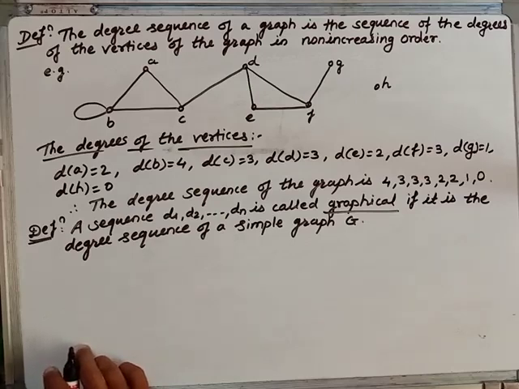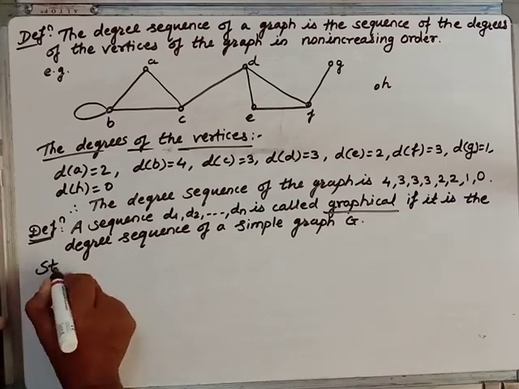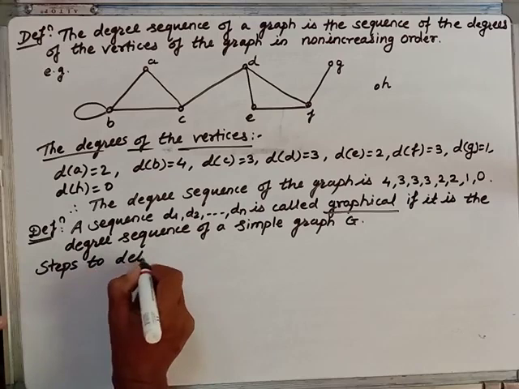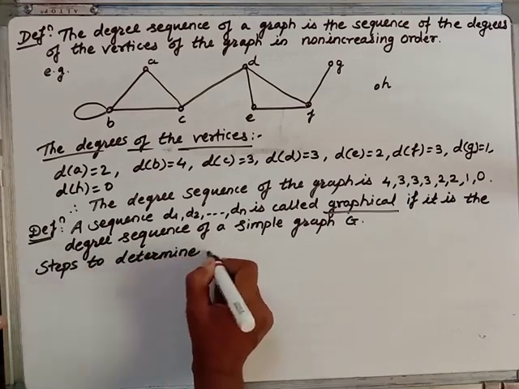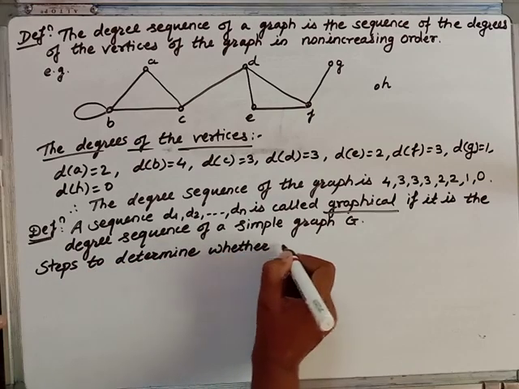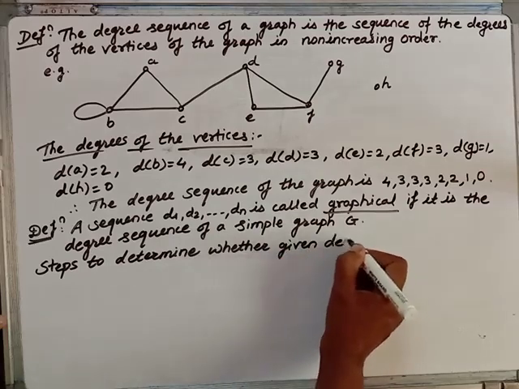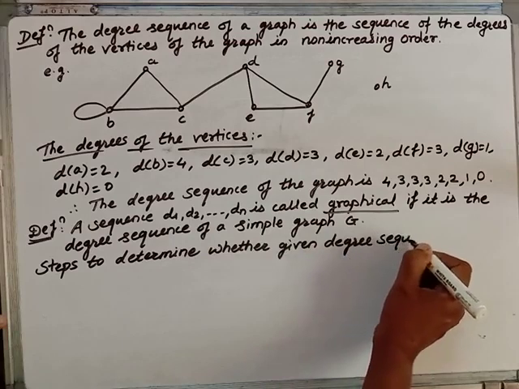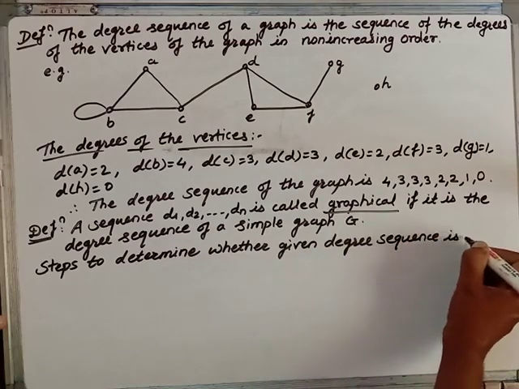There are a few steps to check it. So let me give them. Steps to determine whether a given degree sequence is graphical.